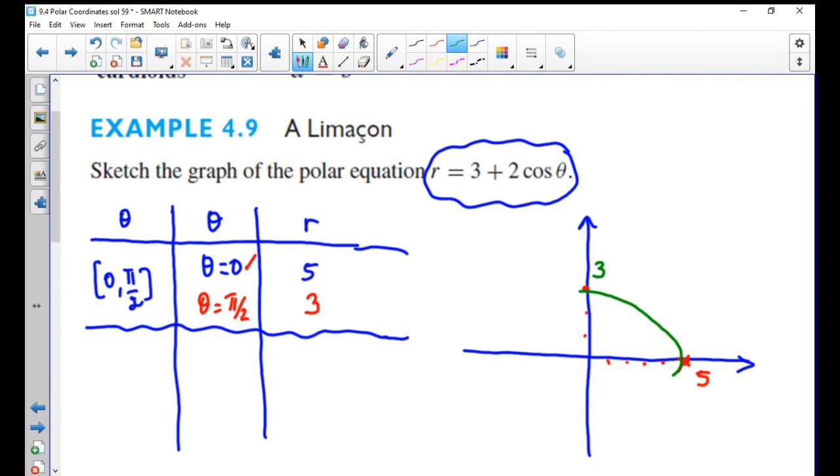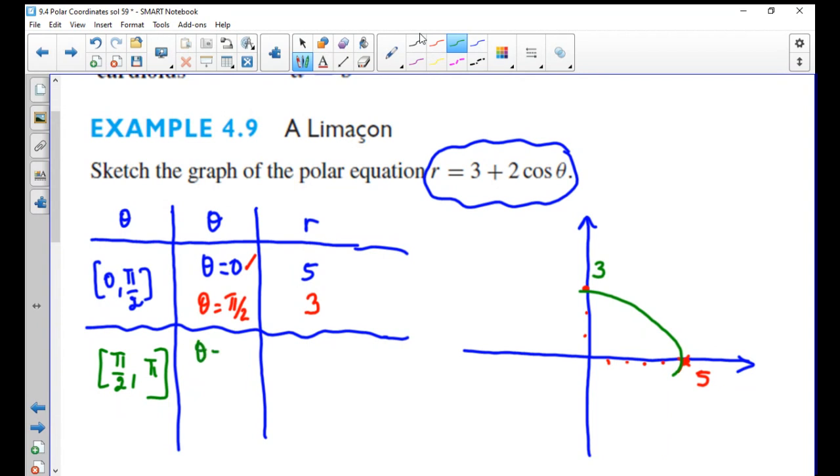And you will see between 0 and pi over 2, r comes down from 5 to 3. Now, the next interval I need to look at will be pi over 2 to pi, because in this interval, cosine goes from 0 to minus 1.